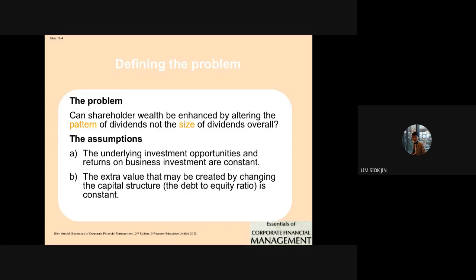That means every 3 months or every 4 months or every half a year. Let's say you give two times a year. So this 1 million is split into 500,000 and 500,000. 500,000 after 6 months you give to the shareholder, and another 500,000 in the next 6 months. So why can companies do this?